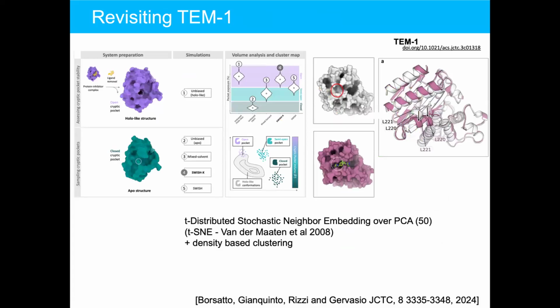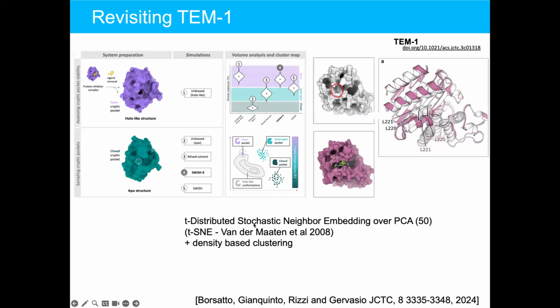We have holo-like structures and apo-like structures. And for all of them, we run the unbiased simulations, then mixed solvent simulation, normal SWISH, and finally SWISH X, the new one with the temperature, in presence of fragments. To analyze all the clusters of different conformations and different pockets that can open, we used first principal component analysis, and we took the first 50 vectors out of it.